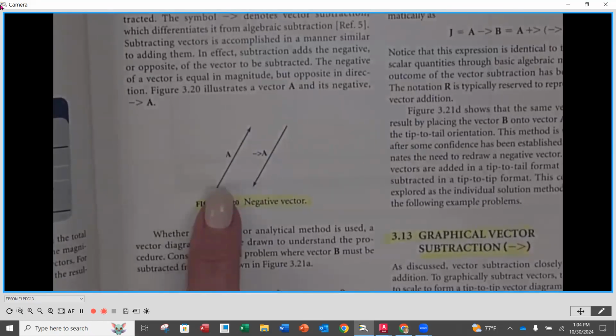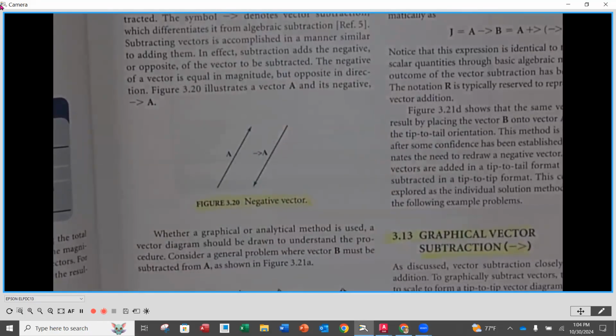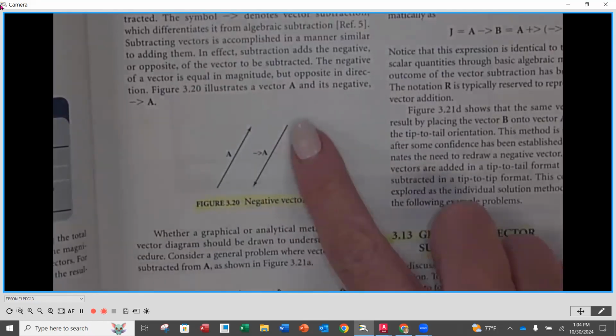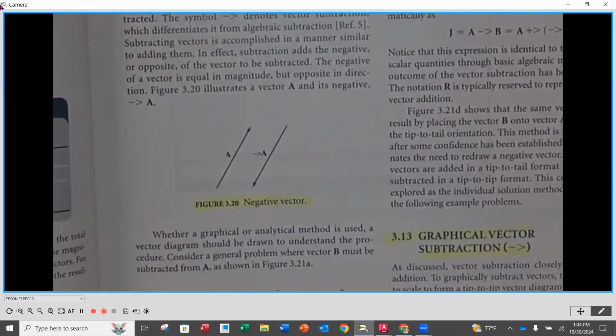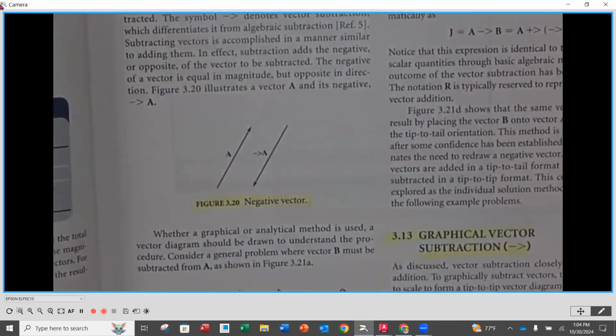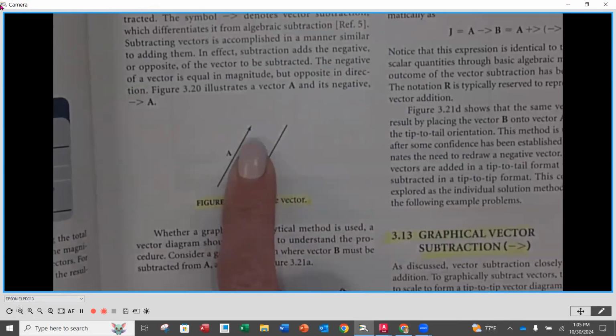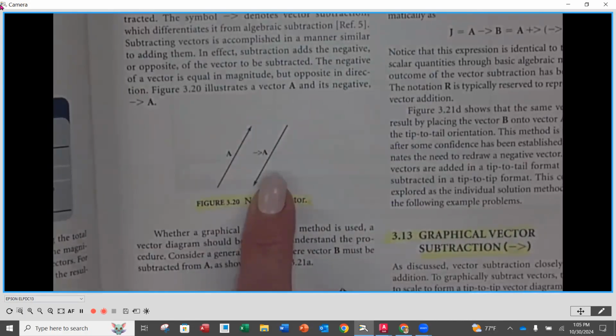So for instance, if the positive direction of A is identified as going up and to the right, the negative direction is going to be on that same line of action. Notice that both of those vectors are parallel, but the only thing that changed was the arrowhead is now on the opposite side, which is 180 degrees from where it was at. Okay, so this is the positive version of the vector, and this is the negative version of the vector.